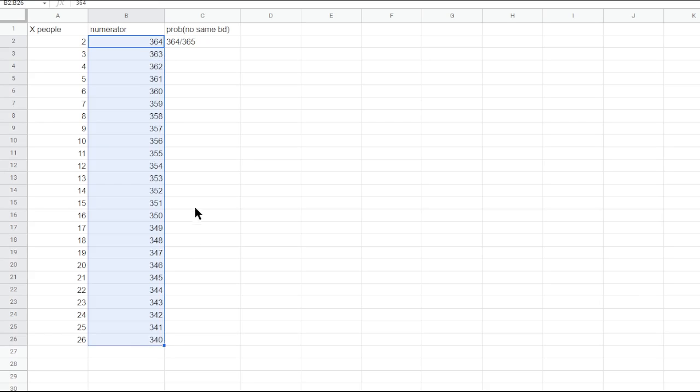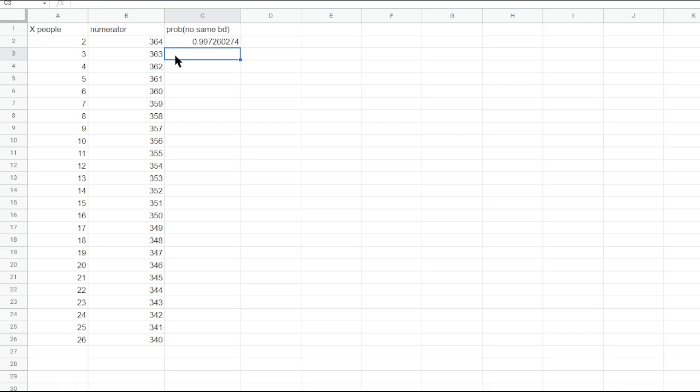So I just drag it all the way. And okay, I forgot an equal sign here. So this is the starting condition. There's a 99.7% chance that 2 people would have no same birthday.